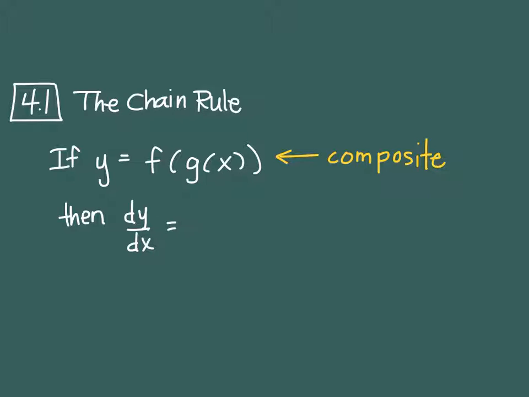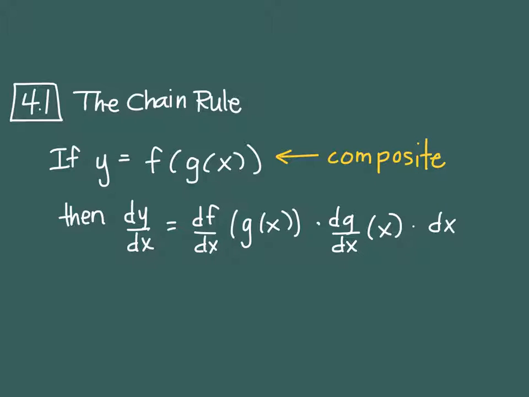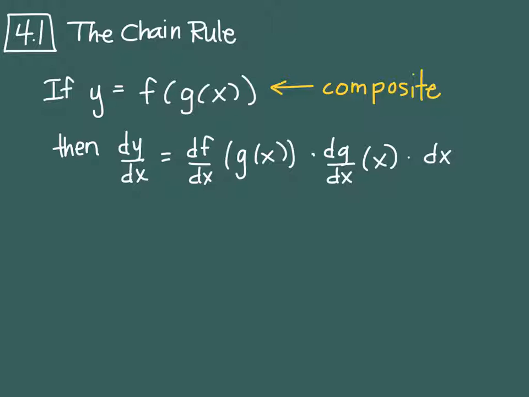Let's do df/dg on the outside, where g of x is left by itself, left alone, times, okay, then which one comes next? dg/dx with x left by itself, and then finally at the end, dx. Okay, so all of those, the chain rule, nesting them all: outside first, leave the inside by itself, then the next outside, leave the inside by itself, and then finally the last one.